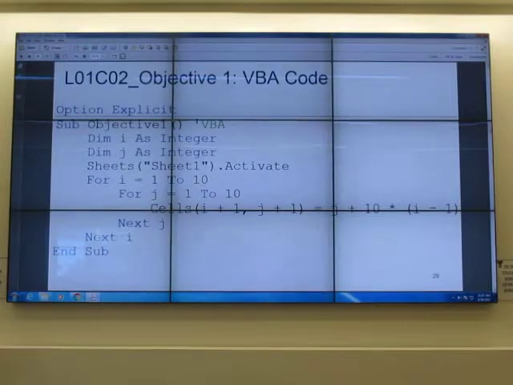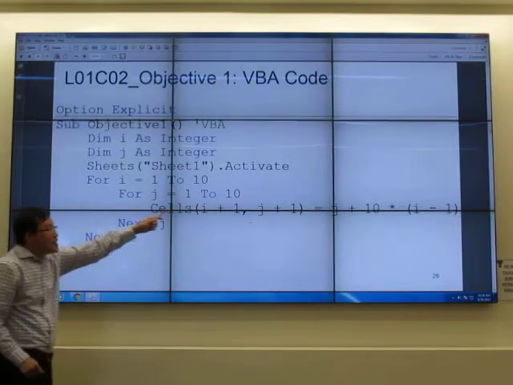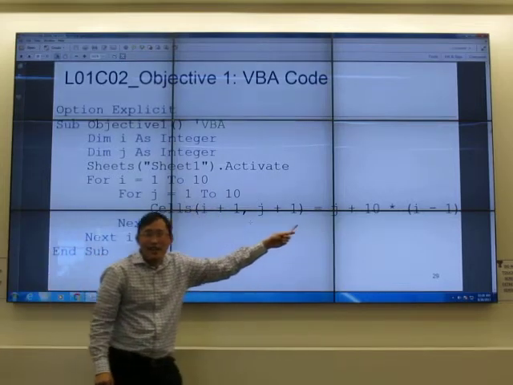Change from 10 to 30. i equal to 1 to 30 or j equal to 1 to 30? No. I'm talking about the third line, the one that has Cells(i+1, j+1). Come here. Where do you change the 30?